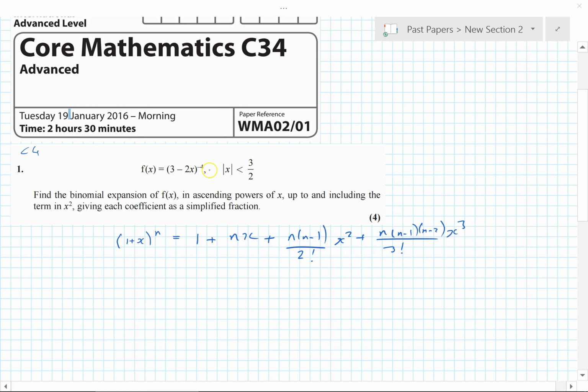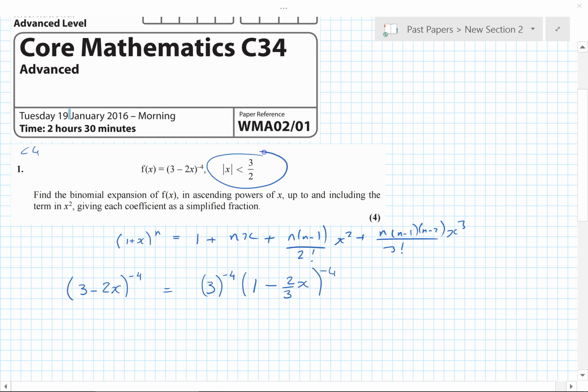So in order to use this expansion, we need to make sure that the front number there is 1. So we need to take care with that, otherwise it's pretty straightforward. So (3 minus 2x) to the minus 4 is equal to, let's take 3 out as a factor, but remember it's 3 to the minus 4, and then that's 1 minus 2/3 x to the minus 4.